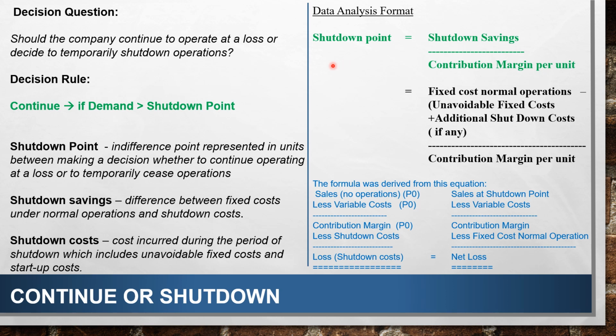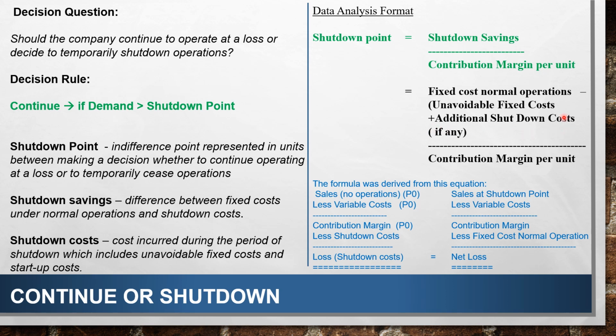Okay, so we have here our data analysis format. How do we derive the shutdown point? Shutdown point is equal to shutdown savings, which was defined a while ago, divided by the contribution margin per unit. To further discuss shutdown savings, this is fixed cost under normal operations minus unavoidable fixed costs plus additional shutdown cost if there is.